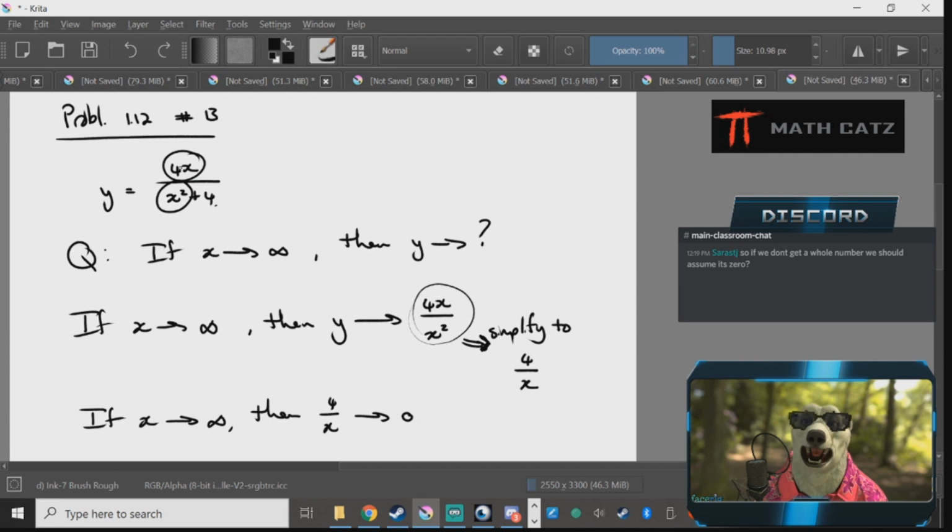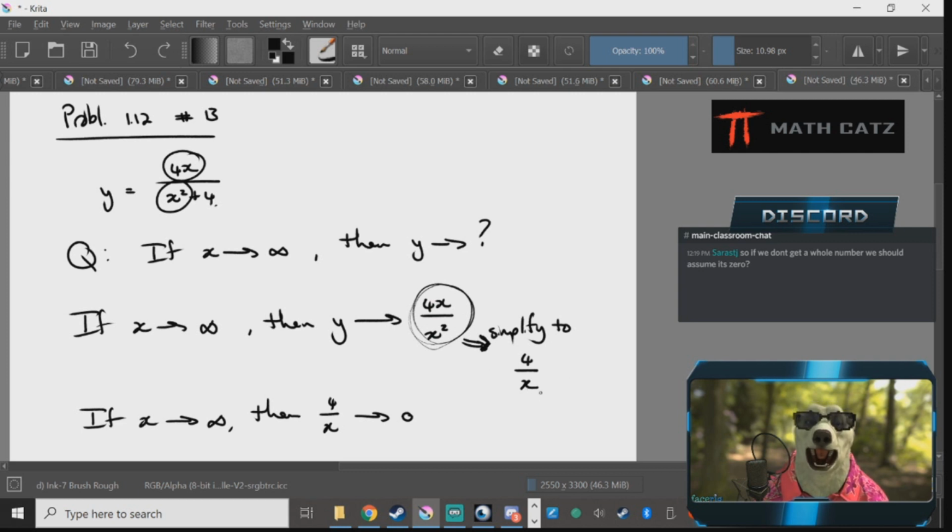I am looking at this as a rational function, which then tells me long term it's behaving like the ratio of the leading terms, which I then have in a circle here. I then see, well, can I simplify this a little bit to make it easier for myself? Yes, it simplifies to 4 over x.